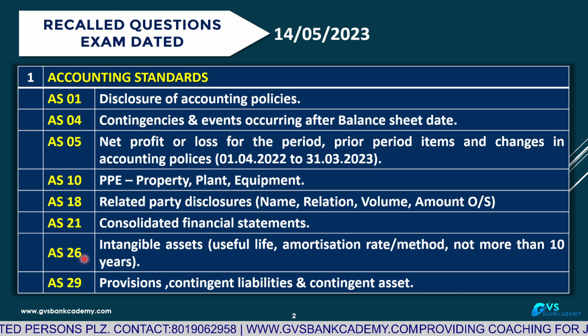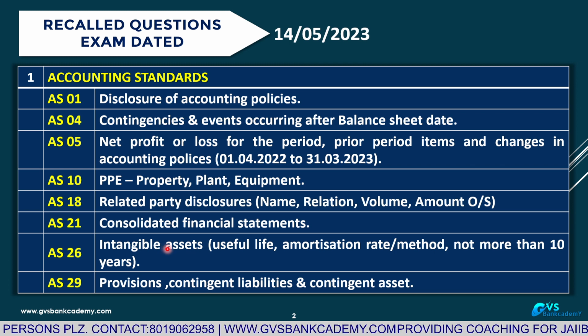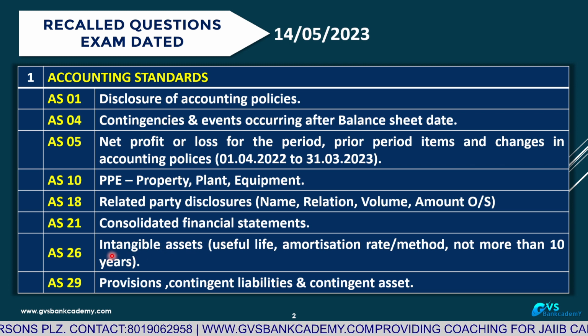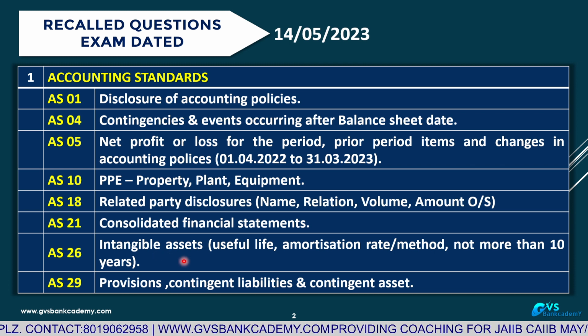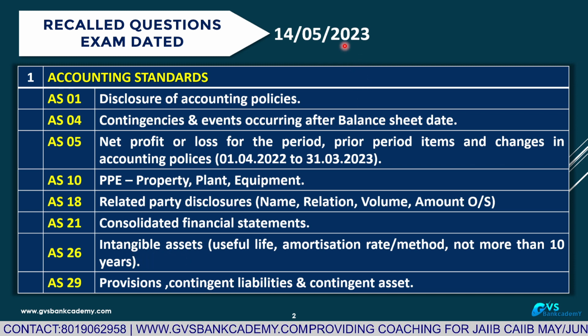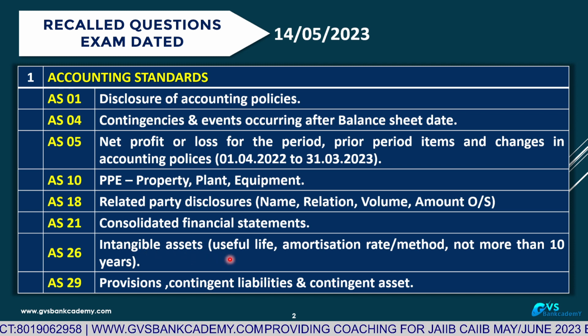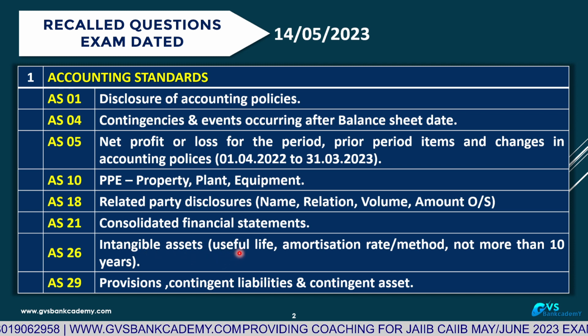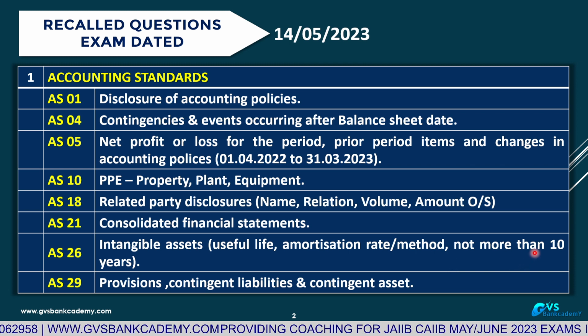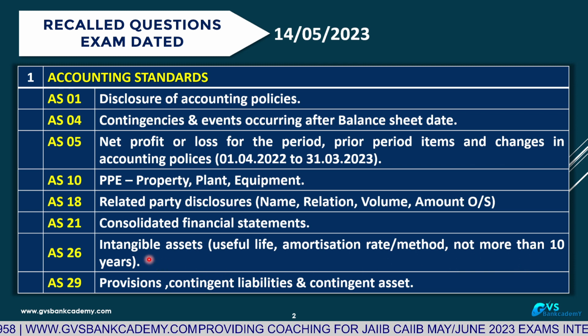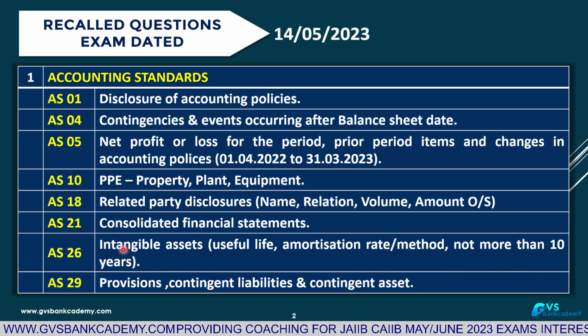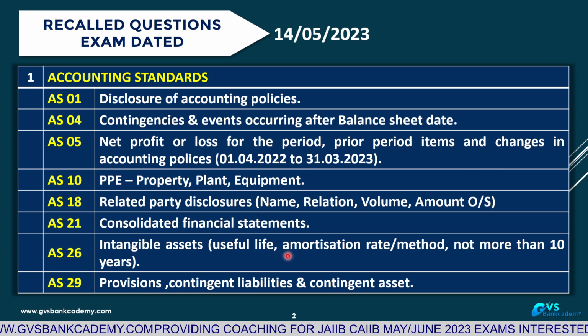Accounting Standard 26, intangible assets. Intangible means you cannot see and cannot touch. Under intangible assets, what disclosure is normally required? The useful life of the intangible asset, which may be 4 years, maximum 10 years. These also come under balance sheet assets, fixed assets.